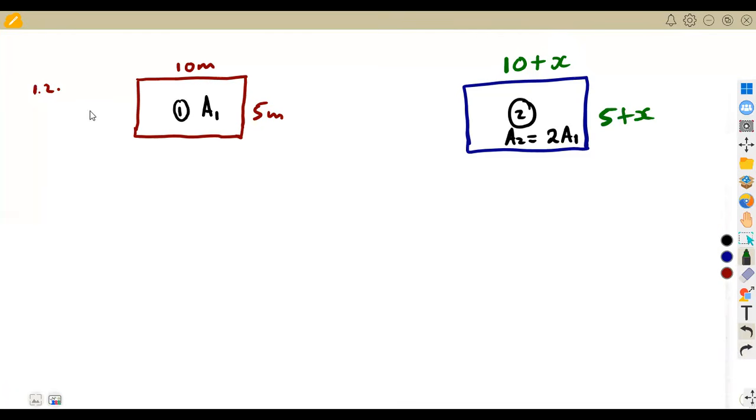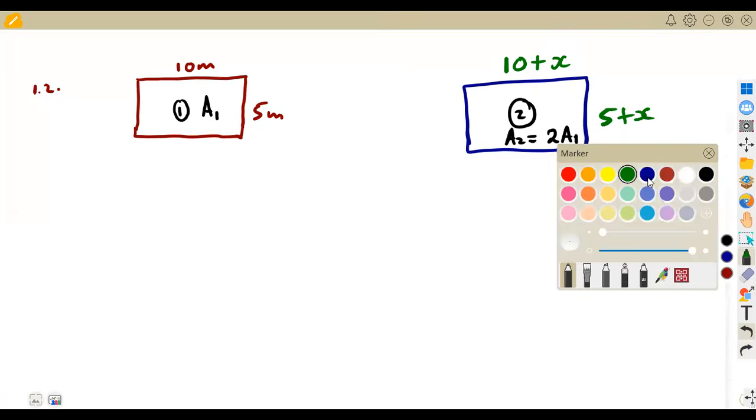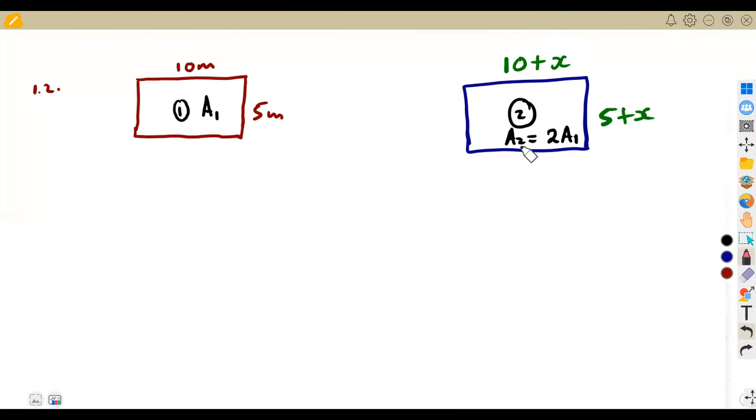Now, let's consider the statement about area. Since this area has to double, what was the first area in the first place? Our area 1 from this rectangle. You know that the area of a rectangle is length times width. So our first area is 10 times 5, which gives an area of 50 square meters.